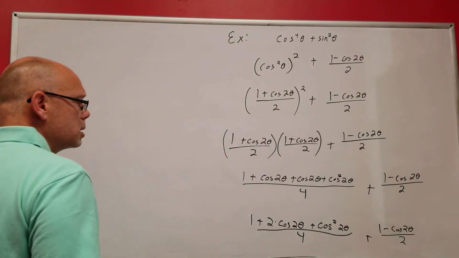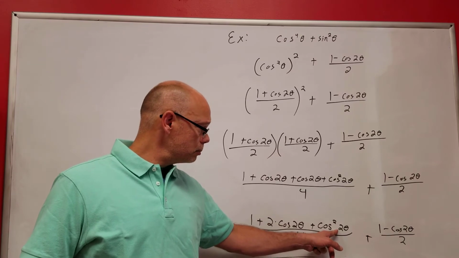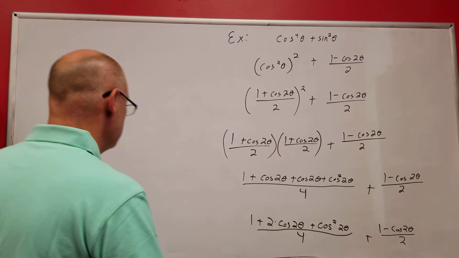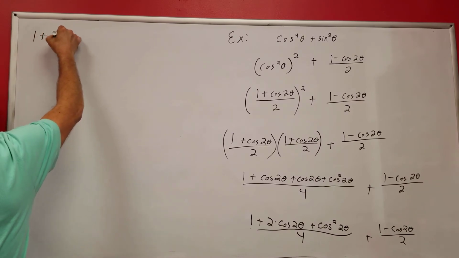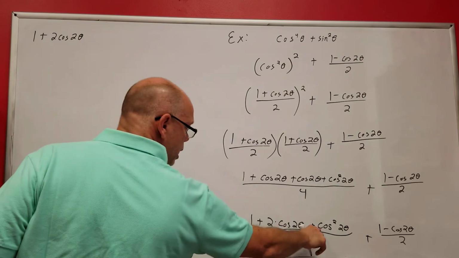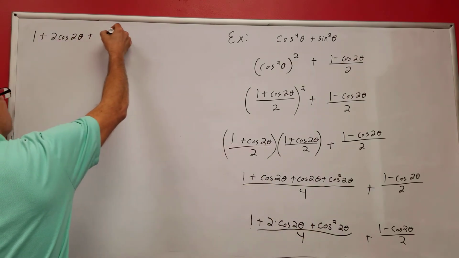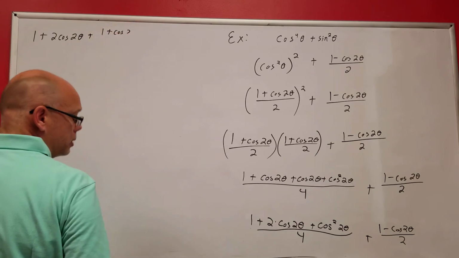All right, they want this in terms of first power of cosine, right? So let's make a substitution here. So we're going to have 1 plus 2 cosine of 2 theta plus, instead of the cosine squared, what do I have? 1 plus cosine of 2 theta, right?